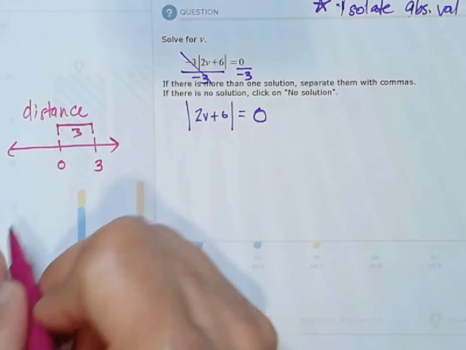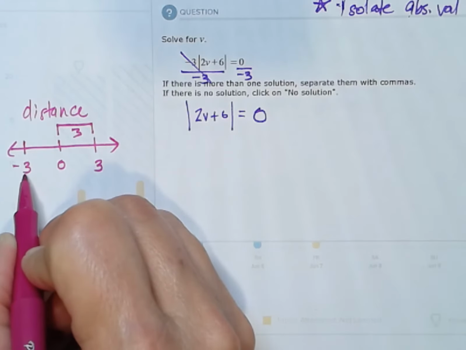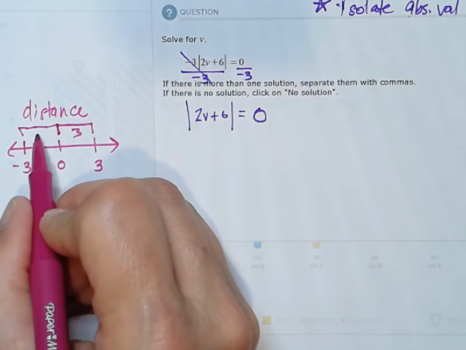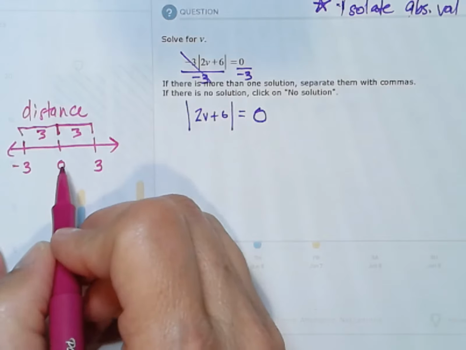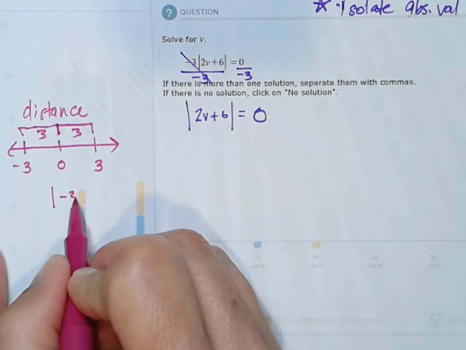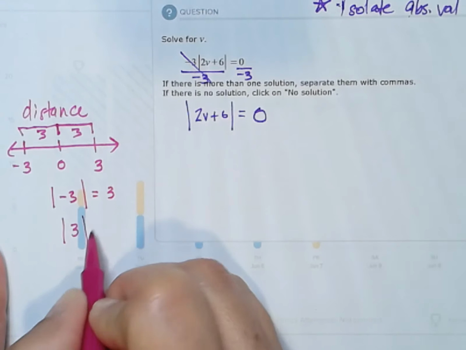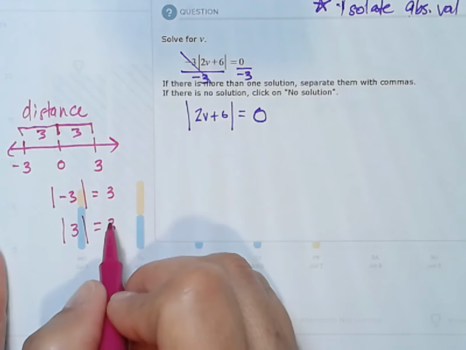Well, it takes 3 units. If I'm on this side of 0 and I go out to -3, how many units does it take to get out to -3? Well, it still takes 3 units. So the absolute value of -3 is 3, and the absolute value of +3 is 3.